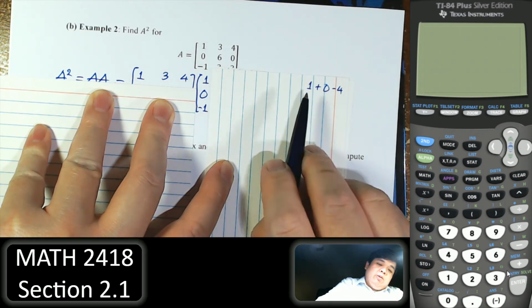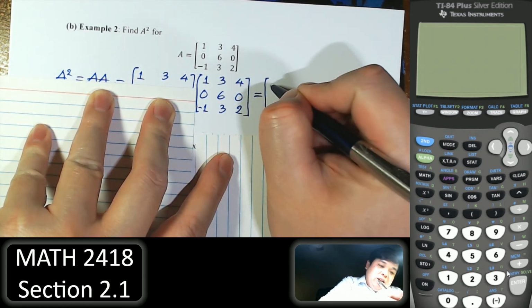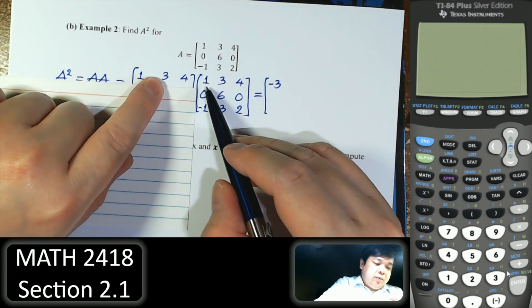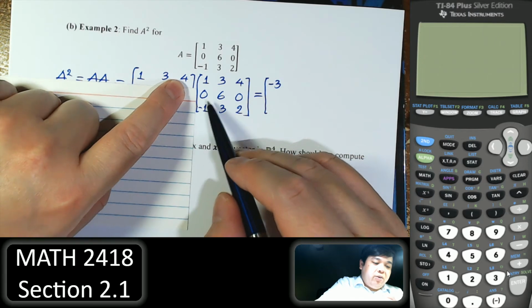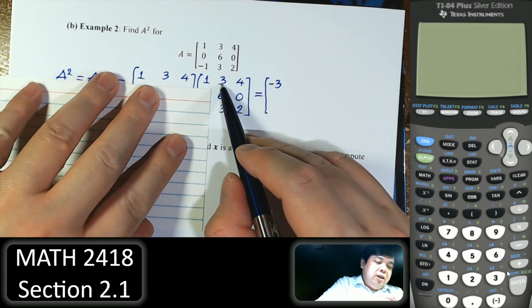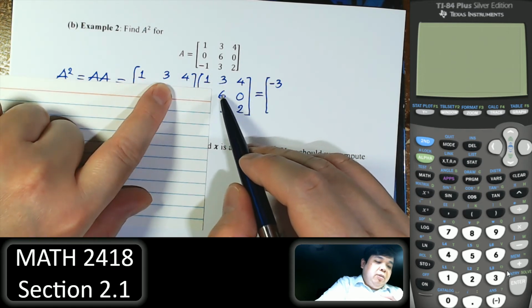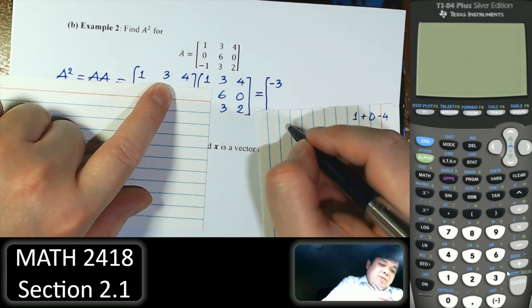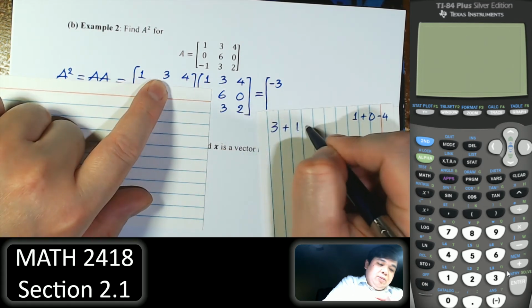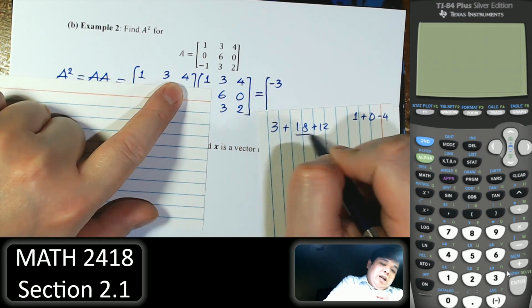So that is 1 minus 4, so minus 3. 1, 0, minus 4. And 1 times 3 is 3, 3 plus 18 and plus 12. That is 30, 33.